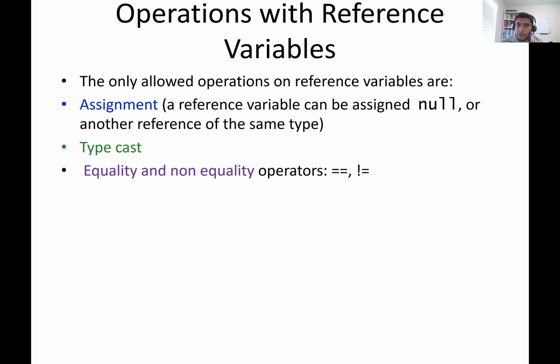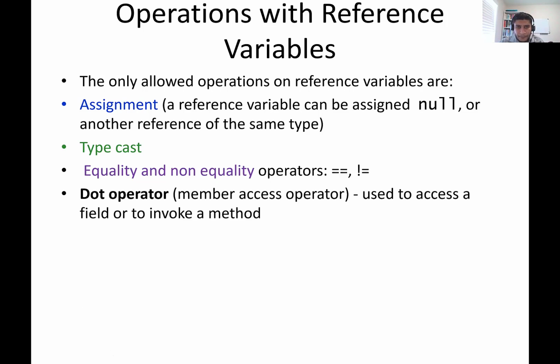Typecast, and forget about typecast right now, we'll visit it later for inheritance. We can also check the equality and non-equality of objects, and we will have in the next slide an example about this. The dot operator is just the straightforward one we have been using all over. It's simply referring to certain members of that object. In our code example, for example, we say center dot get x.